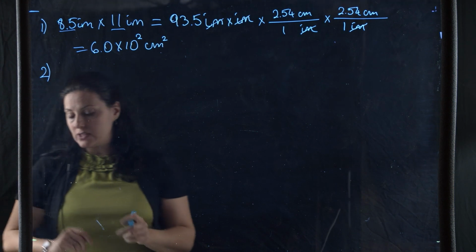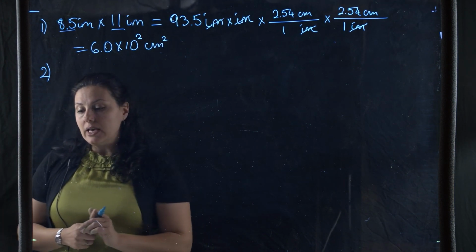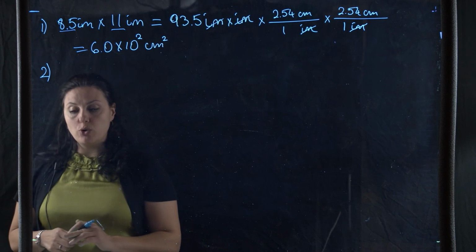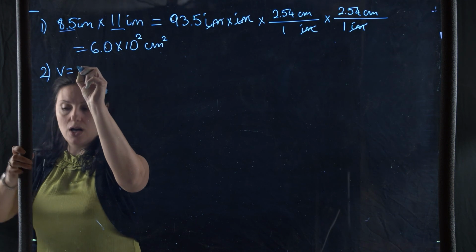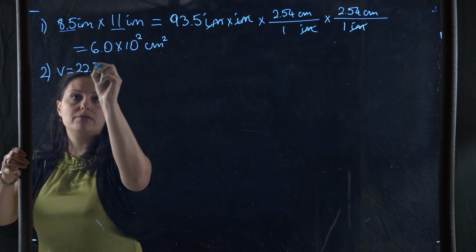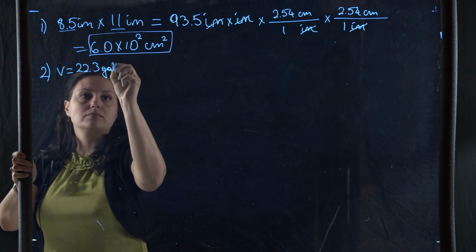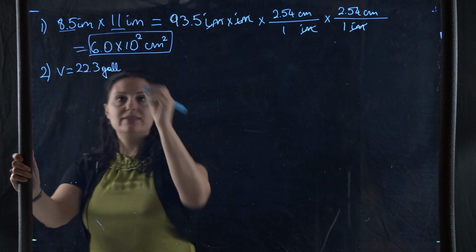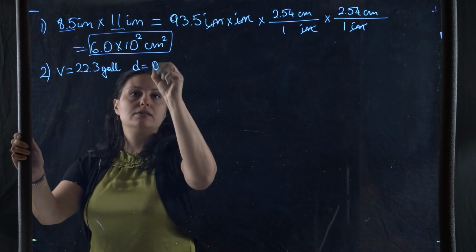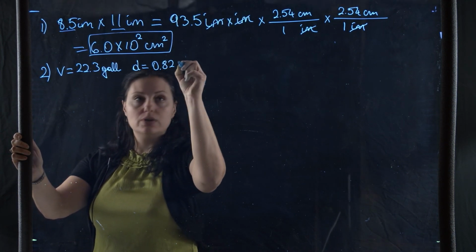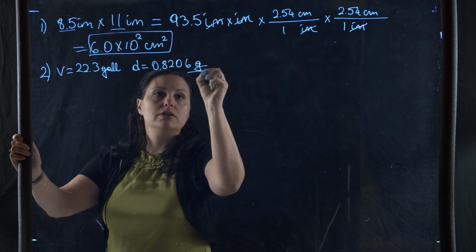Now let's look at the second problem. The gas tank of a certain luxury car holds 22.3 gallons, and the density of gasoline is 0.8206 grams per milliliter. So I have a volume of 22.3 gallons, and then I have a density of 0.8206 grams per milliliter.